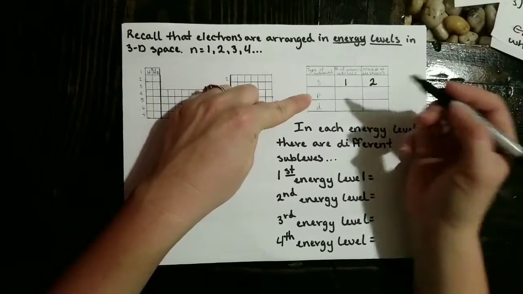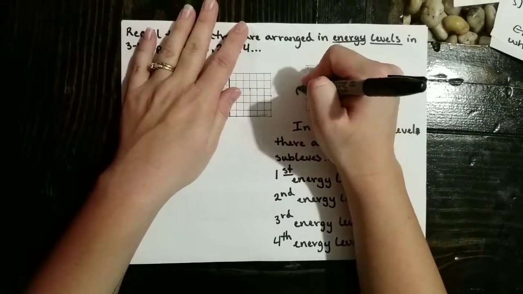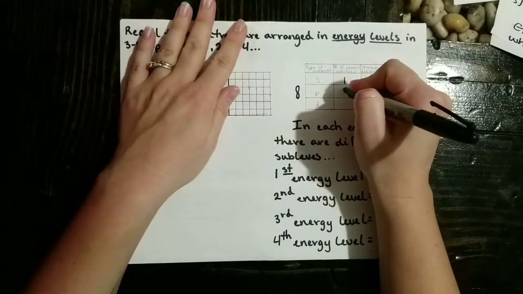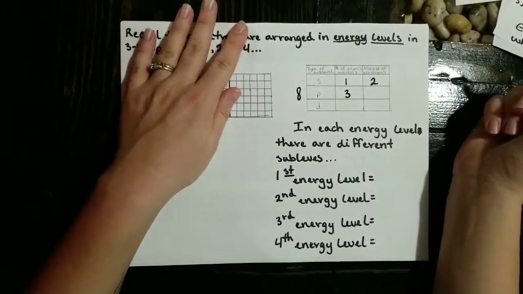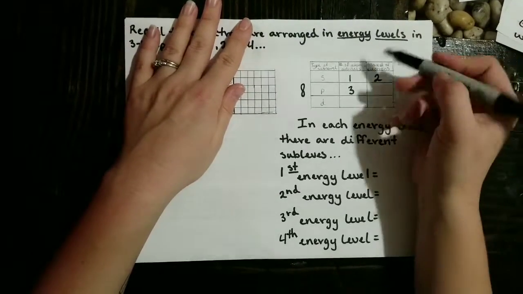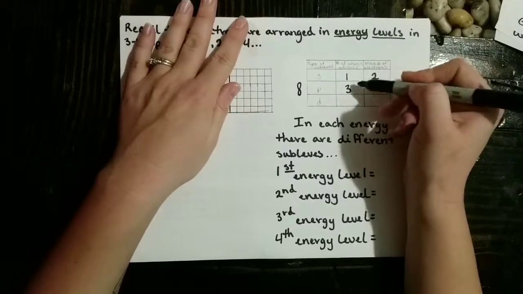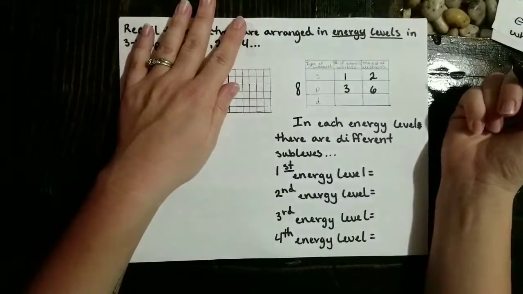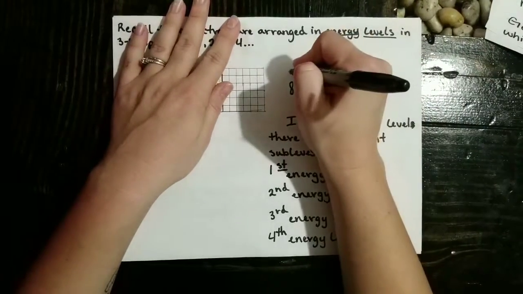Your p sublevels, remember those are the little dumbbell-shaped orbitals? You can have a total of 3 p orbitals in each energy level. If each atomic orbital holds 2 electrons, you can have a total of 6 electrons in the p orbitals.